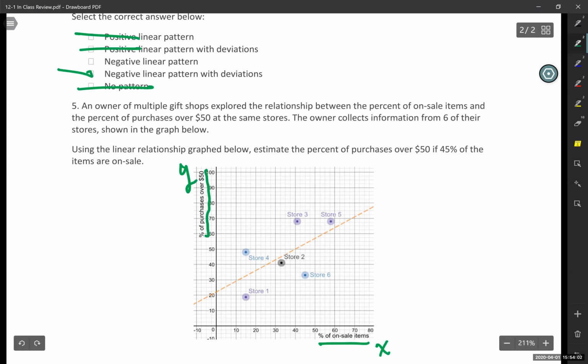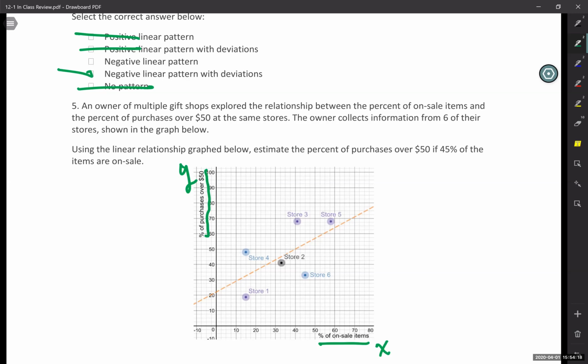So we're going to use this line. The owners collected information from 6 stores, definitely a scatter plot, but we see a positive linear pattern with some deviations. And we want to estimate the percent of purchases over $50.